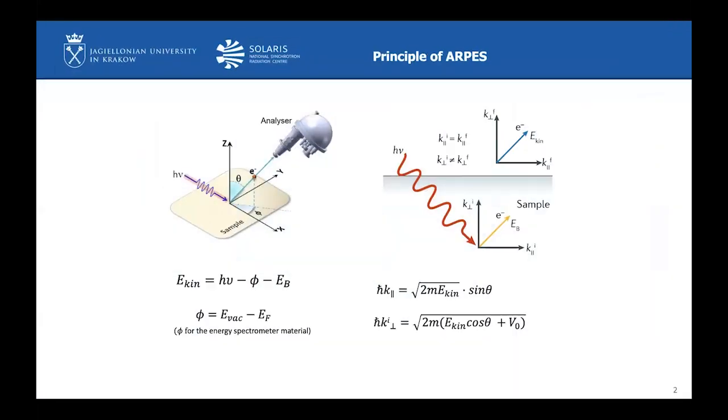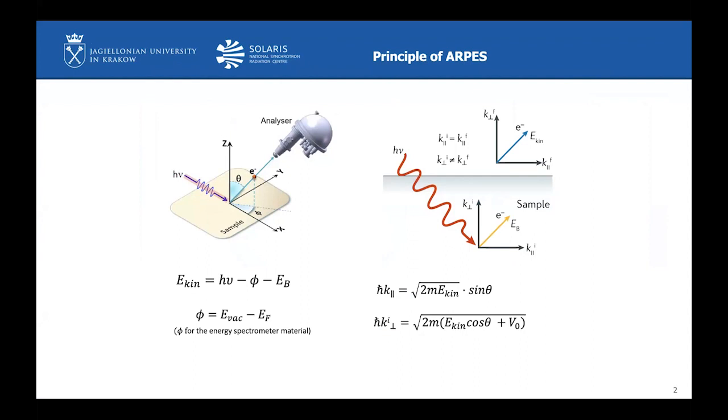So let me remind you of the basic principle of ARPES. I know that it was mentioned at least 2 times during today's presentation, but it is crucial to understand that, because this is the reason for most of the problems we have to deal with.